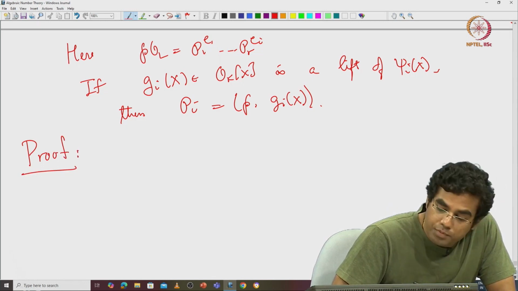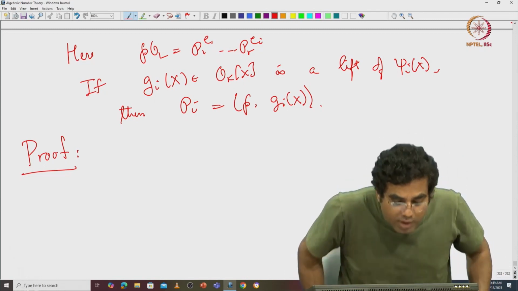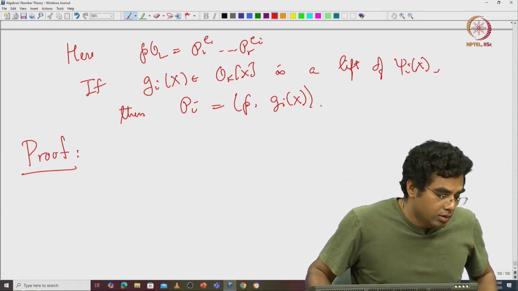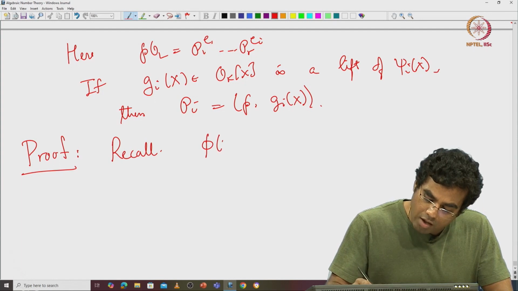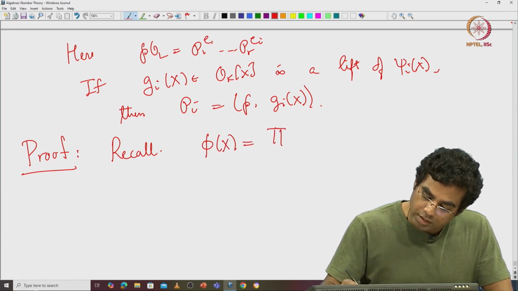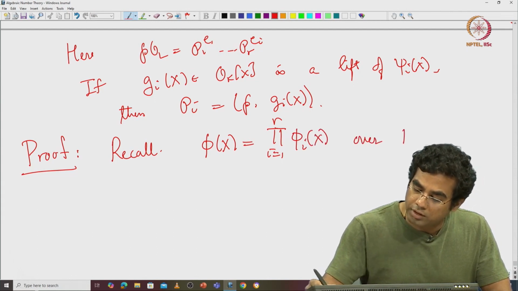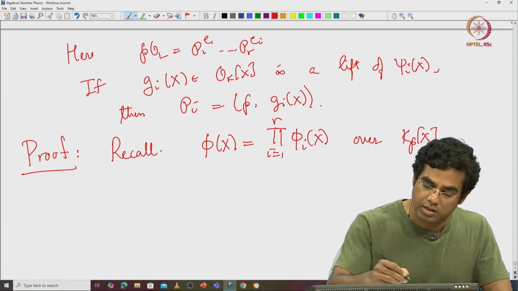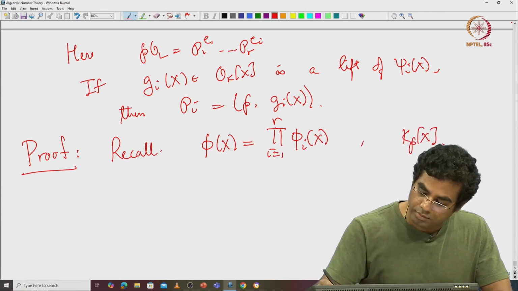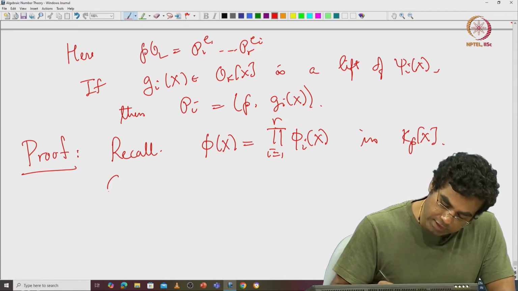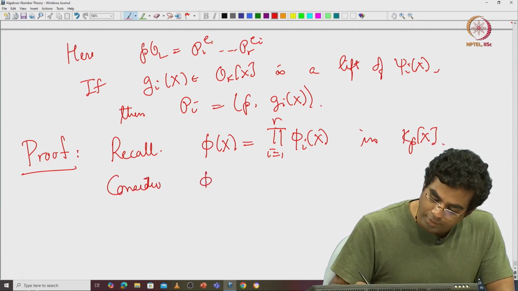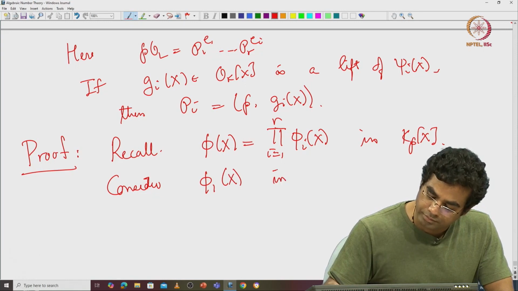Okay. Now, how do we prove this? Well, we use the information that we have before. So, recall that phi of x is the product, i going from 1 to r, of phi i of x over k sub p of x. So, what I do is I consider phi 1 of x, let us say, in k sub p of x.